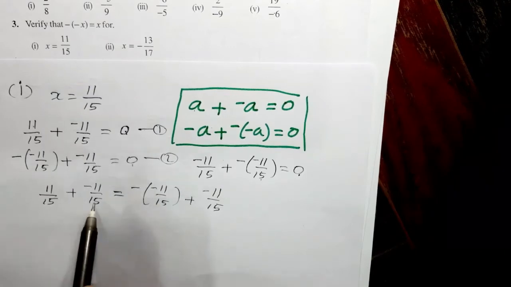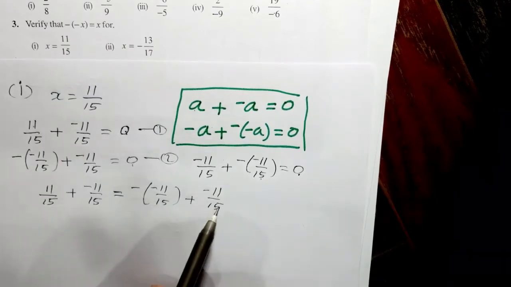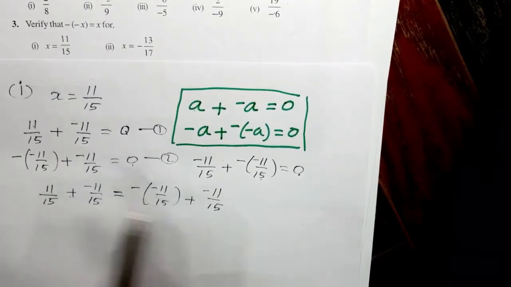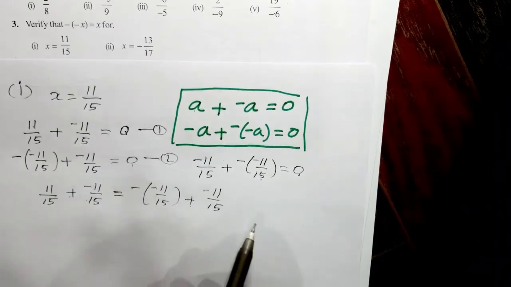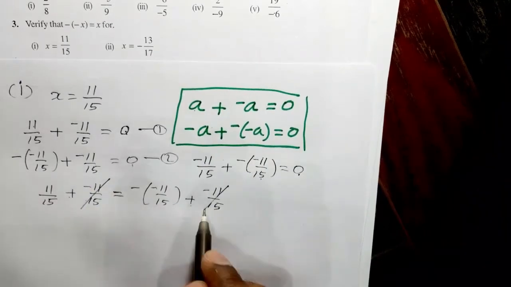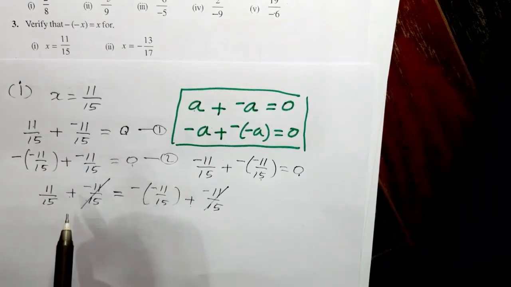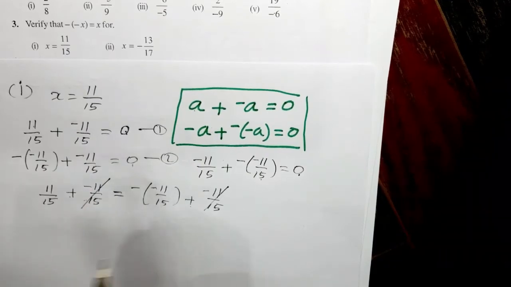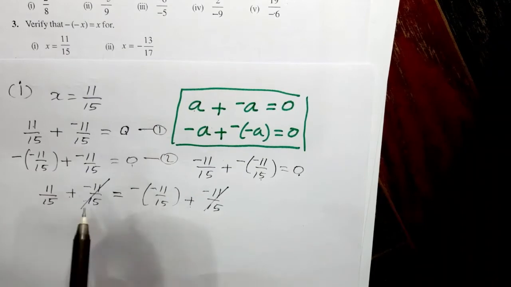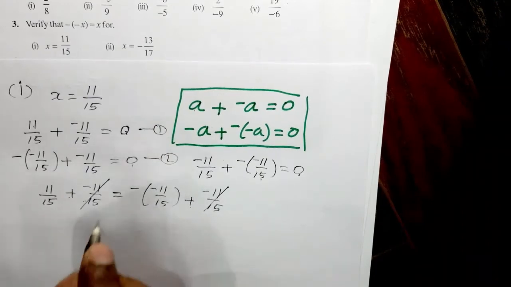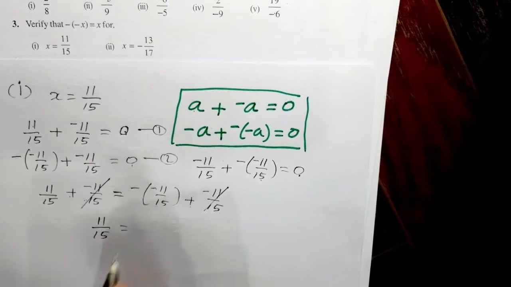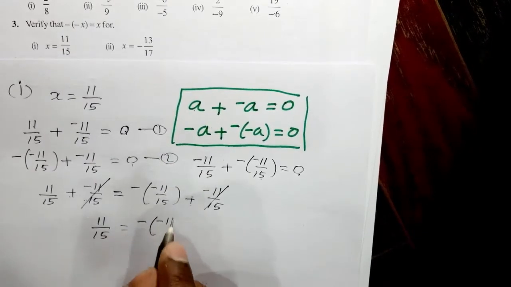Now you look here, minus 11 by 15 is there, here also minus 11 by 15. Here it is added, here also added. If transposed, it is subtraction, so it will be cancelled. In an equation, if the same number is added on the left side and right side, we can cancel it. So what is left? 11 by 15 is equal to minus of minus 11 by 15.